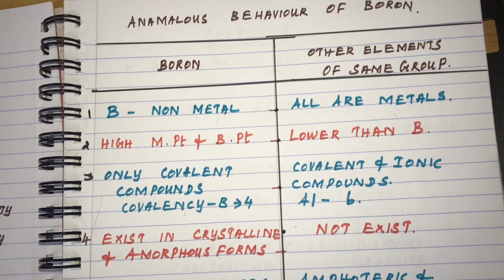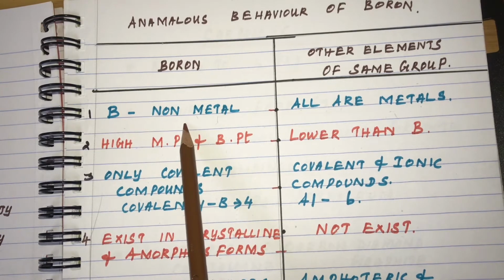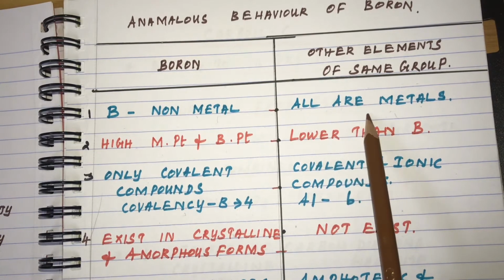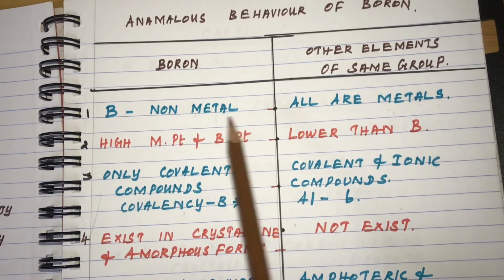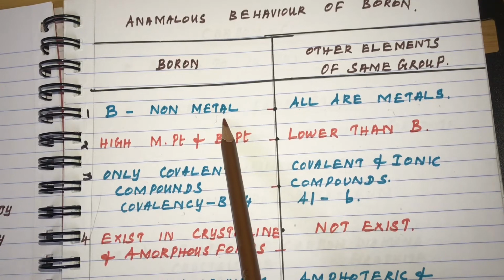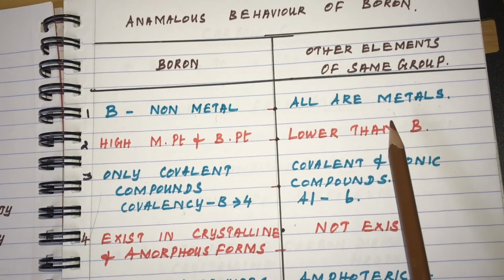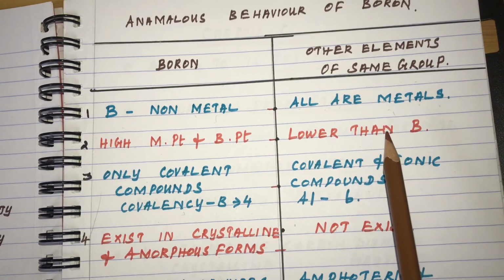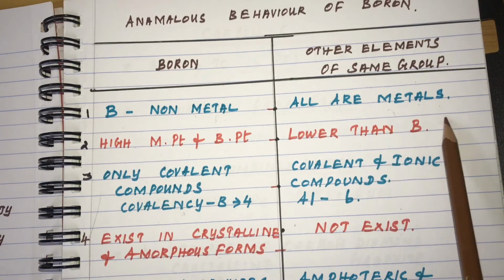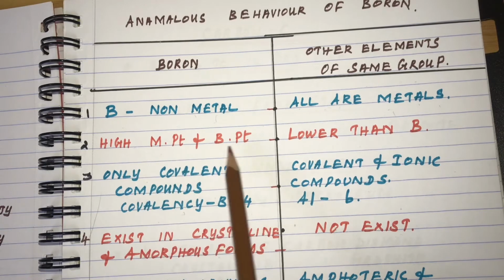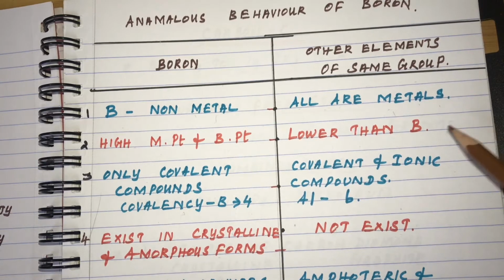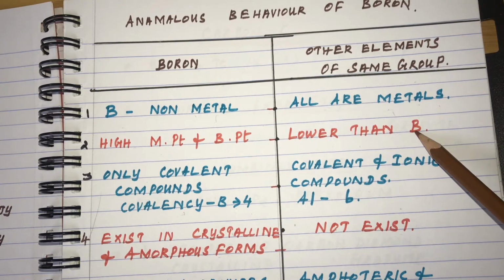Boron, the first element, is a non-metal, but all other elements are metals. As it is a non-metal, it has a high melting and boiling point. The melting and boiling points of the other elements are lower than boron.